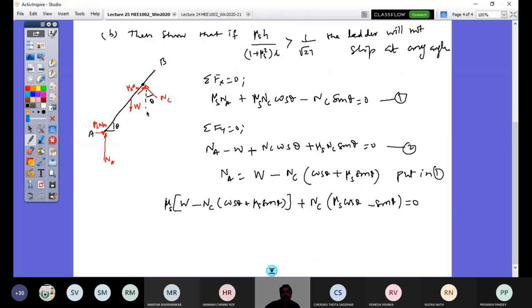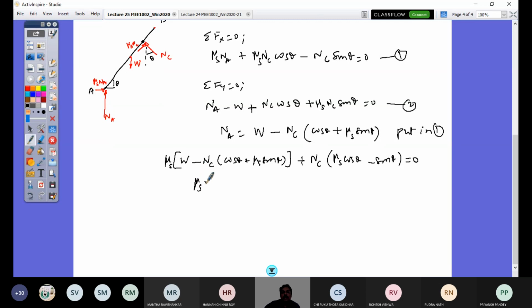So it is mu s times W, and if this goes to the other side, this is NC cos theta plus mu s NC sin theta minus NC cos theta minus NC mu s cos theta, right? Mu s cos theta plus NC sin theta.